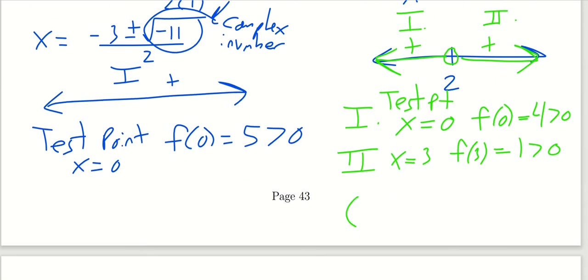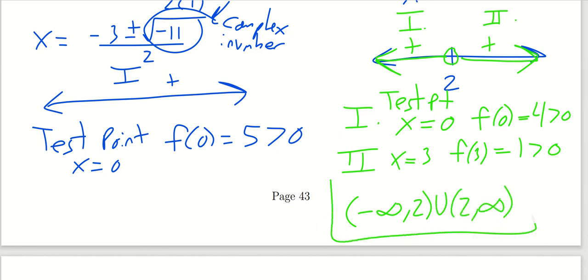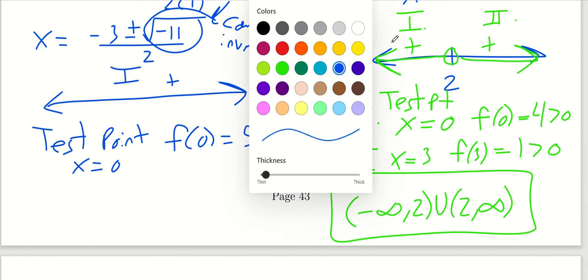So the solution set for this one would be everything from negative infinity up to, but not including 2, and then union, everything starting immediately after 2 towards positive infinity. So this is kind of a special type. It turns out that the solution set is all real numbers with the exception of a singular point.